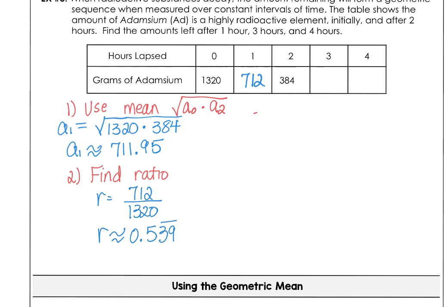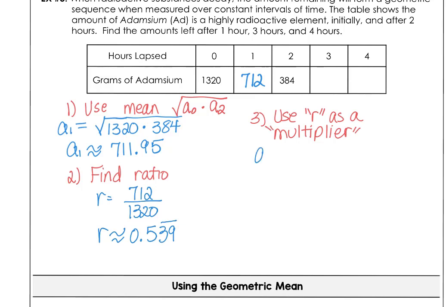Then I can write the a sub n term, so let's use that ratio r as a multiplier, and that'll help us find the remaining terms. So I'm saying we're using it as a multiplier.